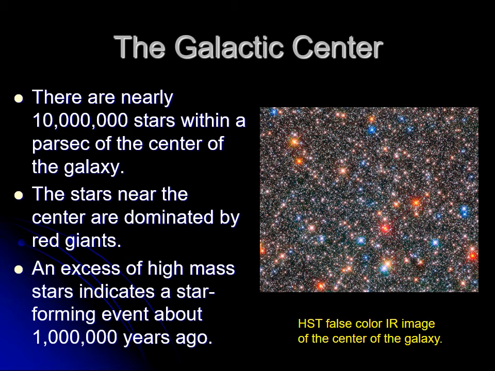In fact, looking into the center of the galaxy, all we see is mainly stars. And that's actually very important because there can be up to 10 million stars within a parsec of the center of the galaxy. Compare that to where we are, where the sun is: the nearest star to the sun is slightly over 1 parsec away.